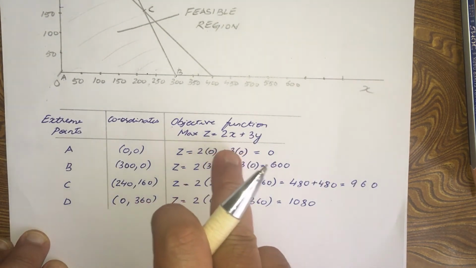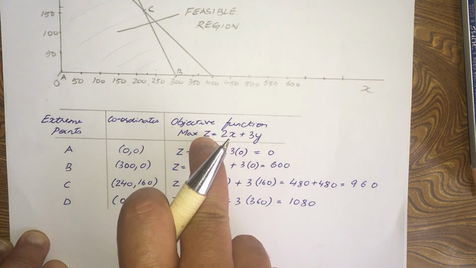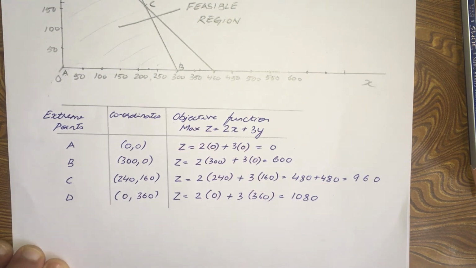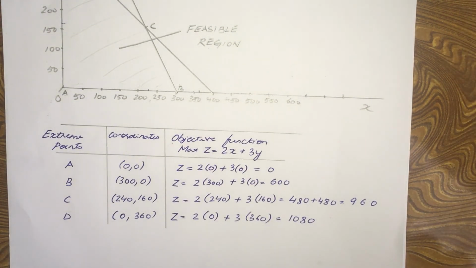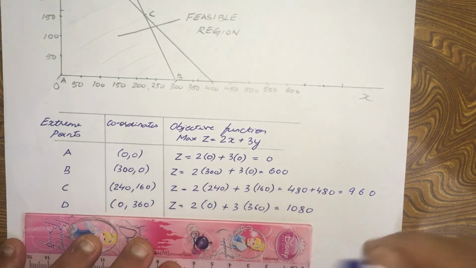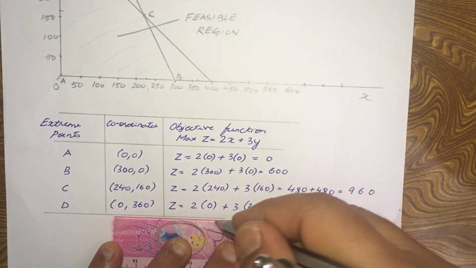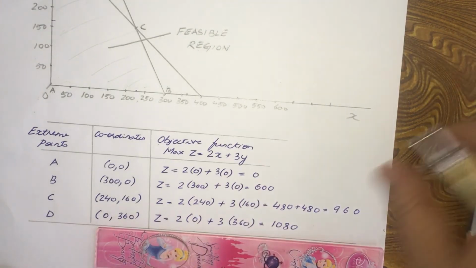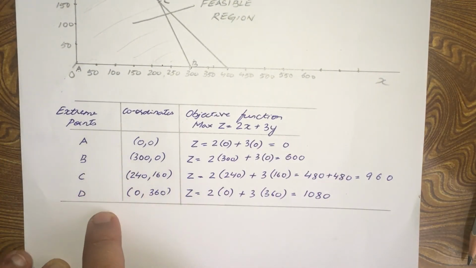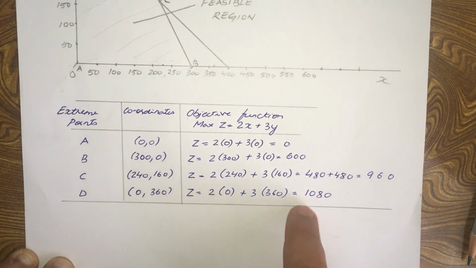Now see, your objective is to maximize revenue, right? And you will notice that this revenue is maximized at which extreme point? Is it A, B, C, or D? It is D, because this is 1080, the highest.